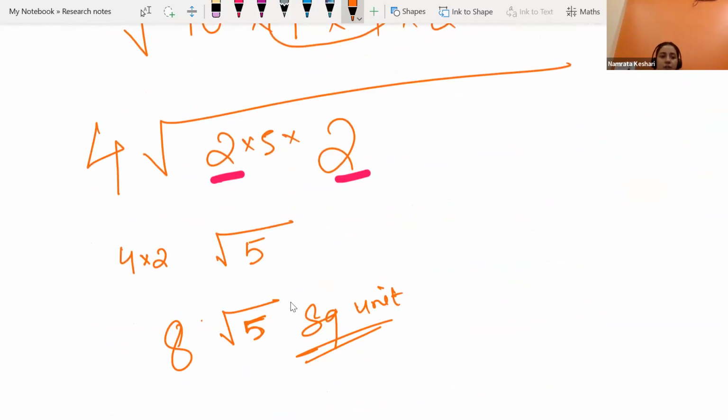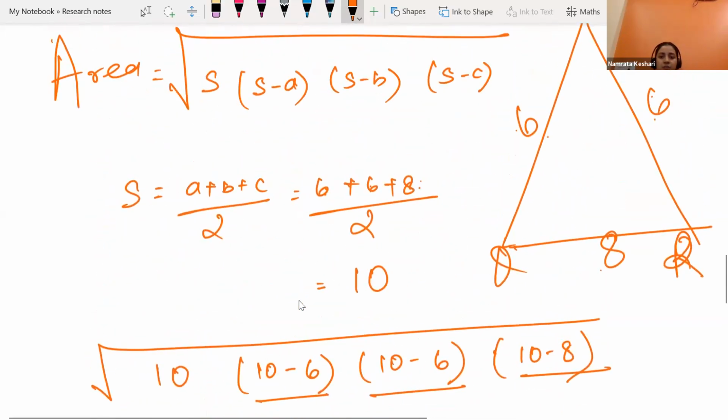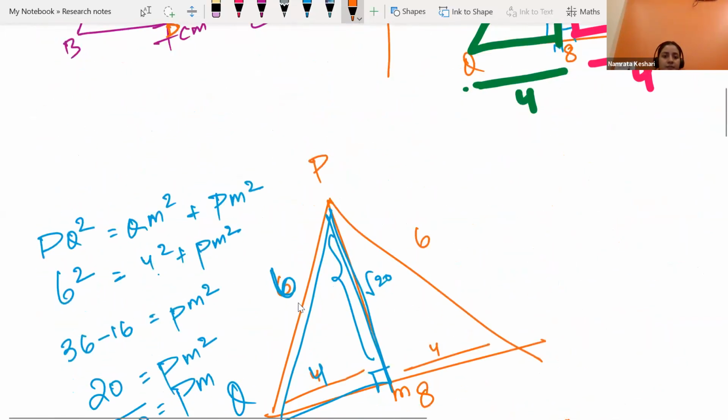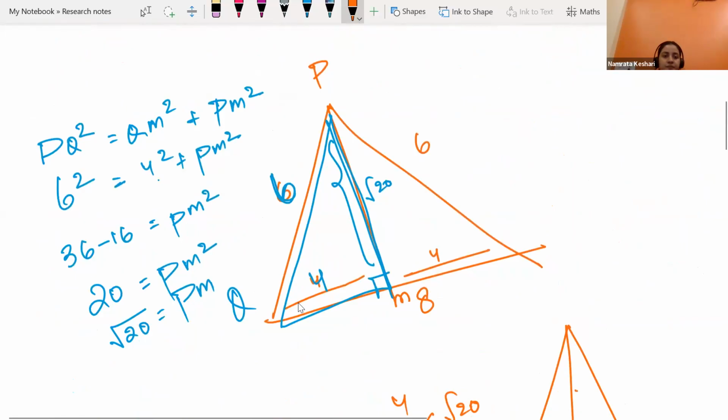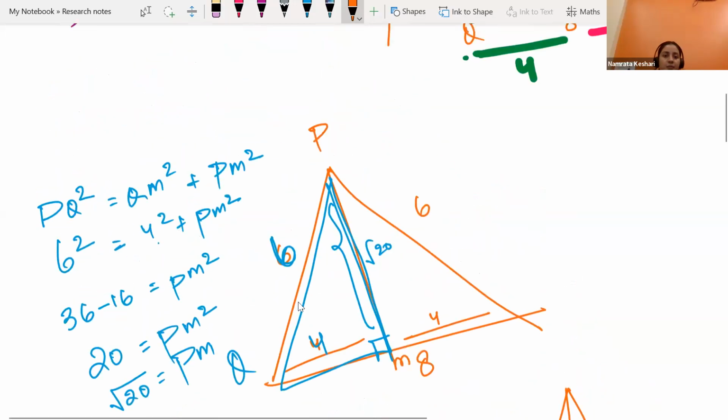Are we making any calculation error? So far it doesn't seem that we are making any calculation error. QP square is equal to QM square plus PM square. 36 minus 16 gives PM square.